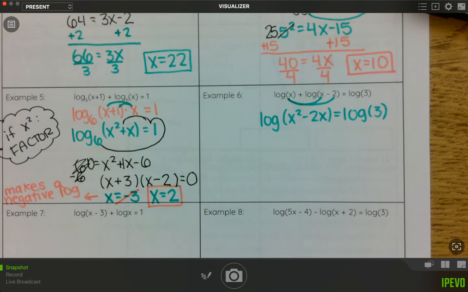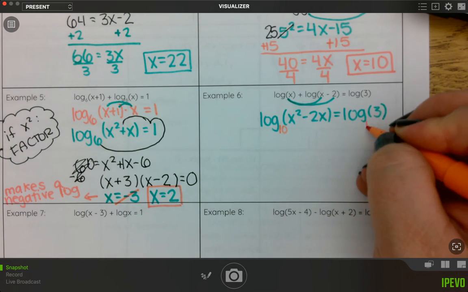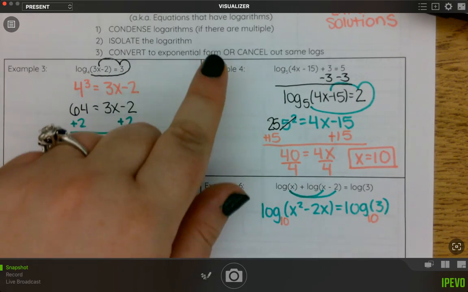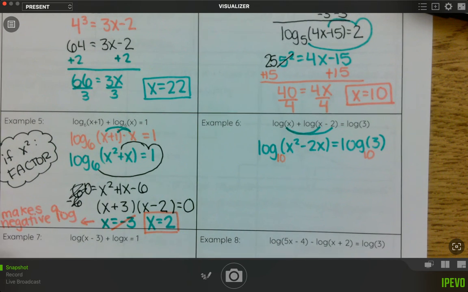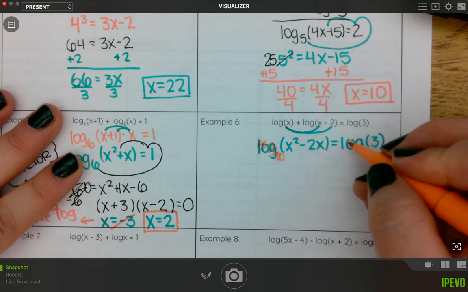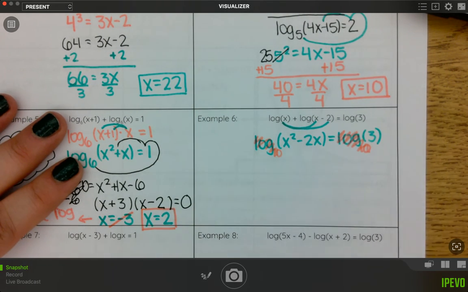This one, you will notice, has a log on the same side, and the same type of log. Technically, they are both base 10. You don't have to write the 10s to see that, but this is where we are going to cancel out same logs. The same way you were able to cancel out the bases in 6.5, these logs cancel, and x squared minus 2x has to equal 3.